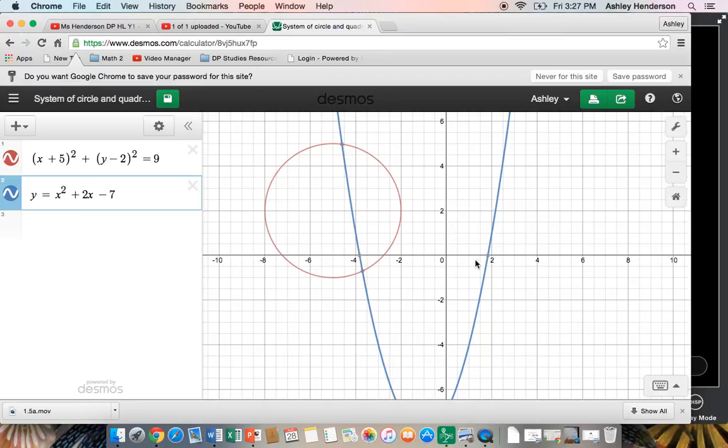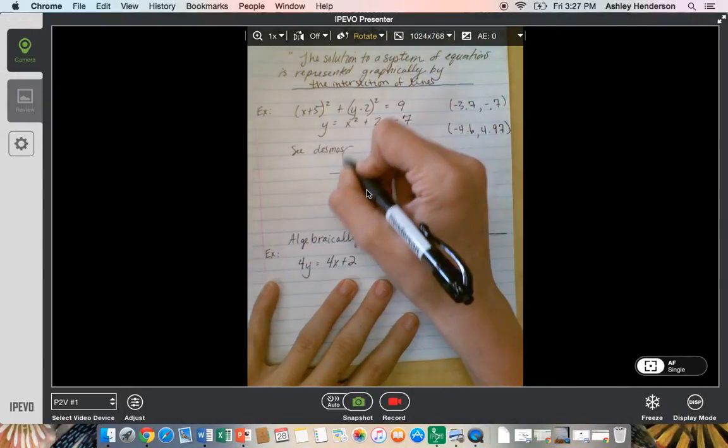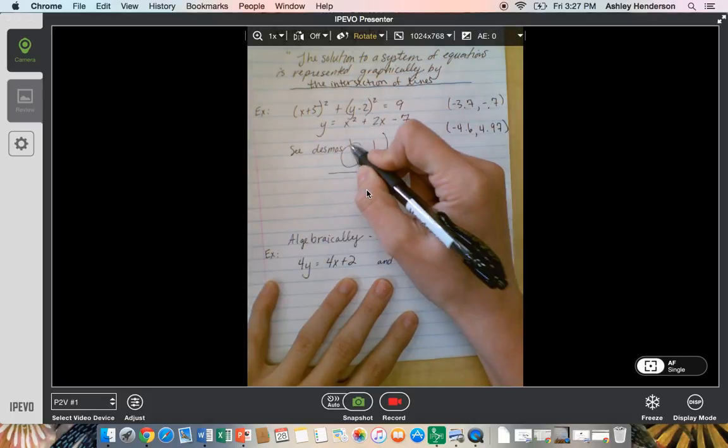I just wanted to use this software here so it was easier to view. But remember, when you can graph it, often that's the easiest way to determine the solution to a system of equations. I'm going to minimize this here. I'll come back to this. So we have two solutions, and we found our circle and our quadratic, and we had two answers.